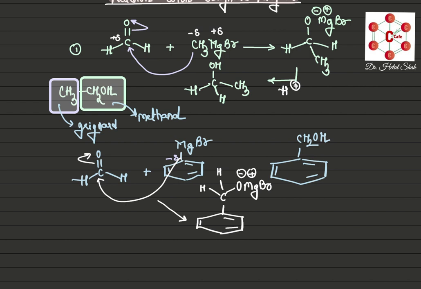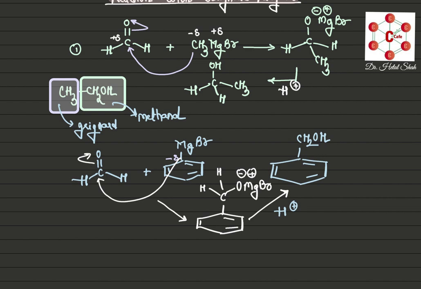And if I acidify this, put a proton to it, I'm going to get my CH2OH. So any primary alcohol can be obtained by reacting methanol with a corresponding Grignard reagent.